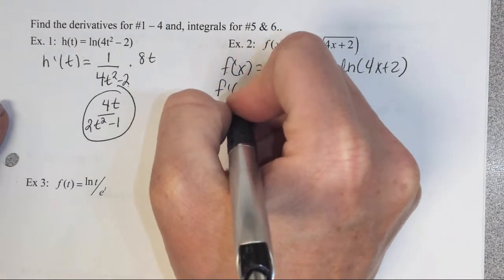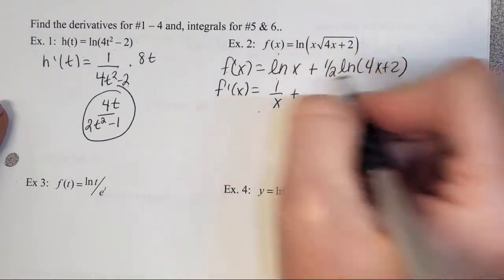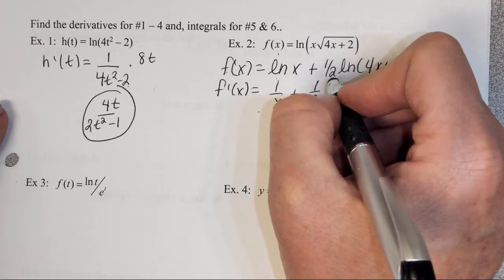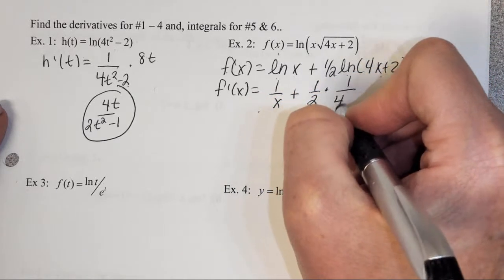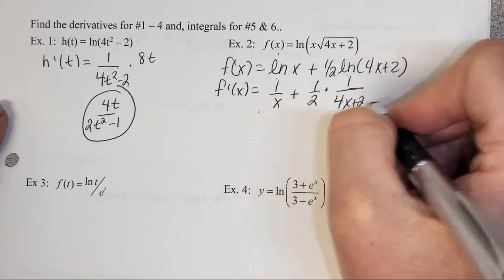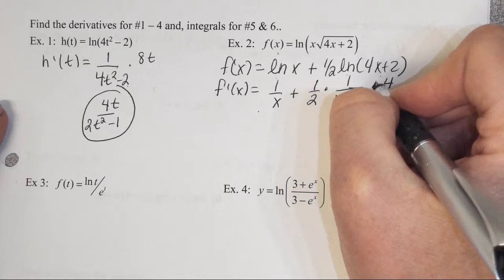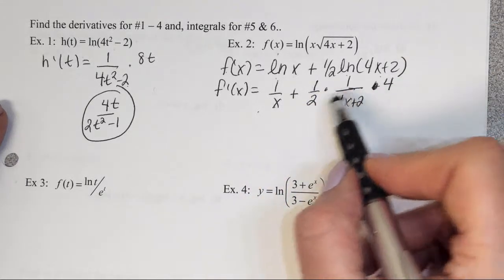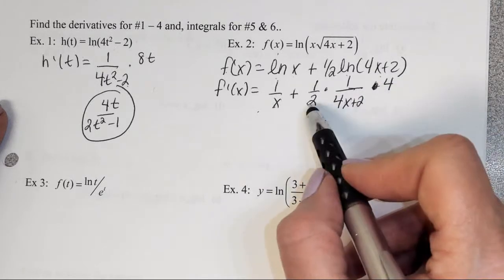And so now taking this derivative, the derivative of ln of x is 1 over x. This derivative, we bring down any coefficient that's just a constant, times the derivative of natural log of u is 1 over u. And then times the derivative of that u. Oops, not plus, times. And so now this is one term, all of this is another term. So I might as well go ahead and cancel this 4 and this 2.